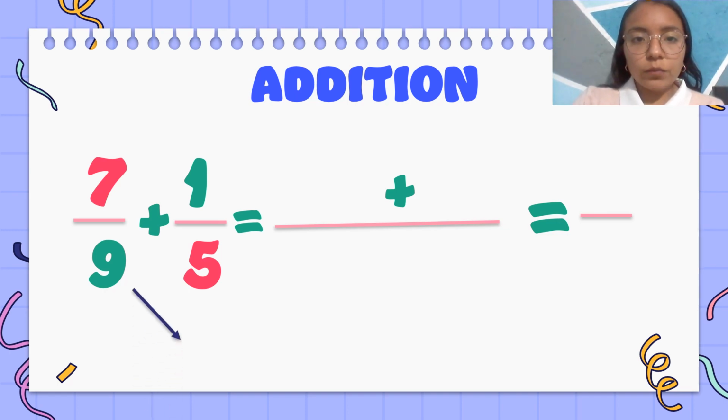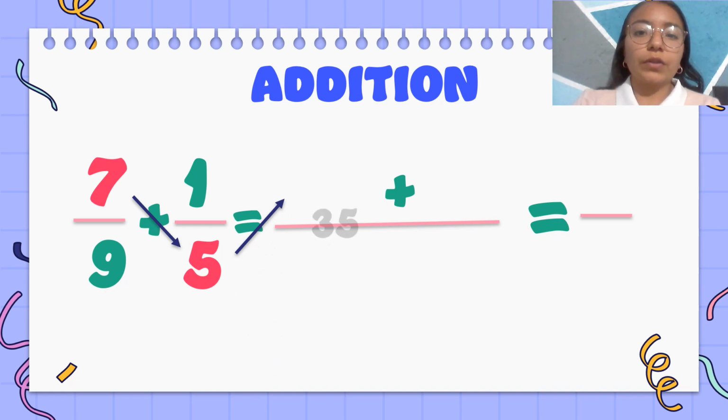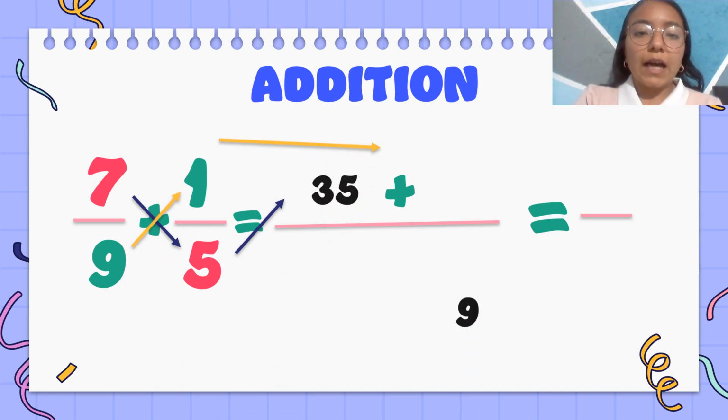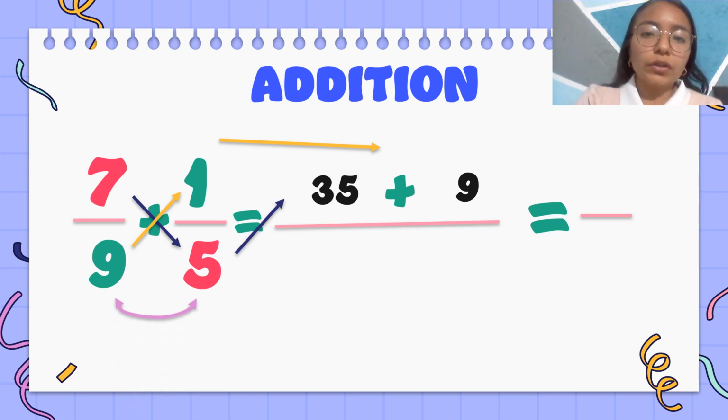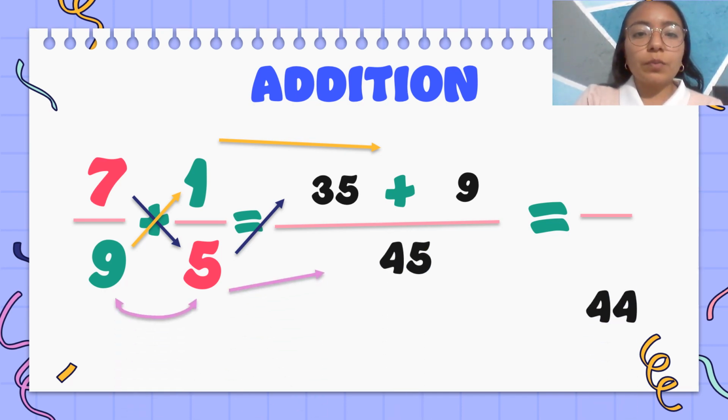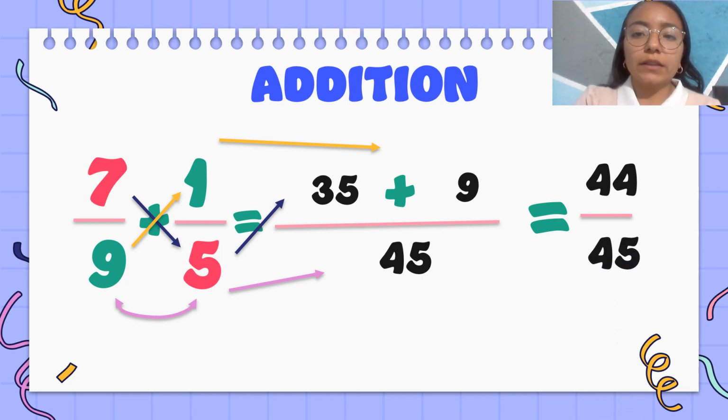Then we multiply the denominator of the first fraction with the numerator of the second fraction and add it to the result of the first operation. Now we multiply the denominators of both fractions and write it at the bottom here. Finally, we add the top part and put the common denominator and we obtain the answer.